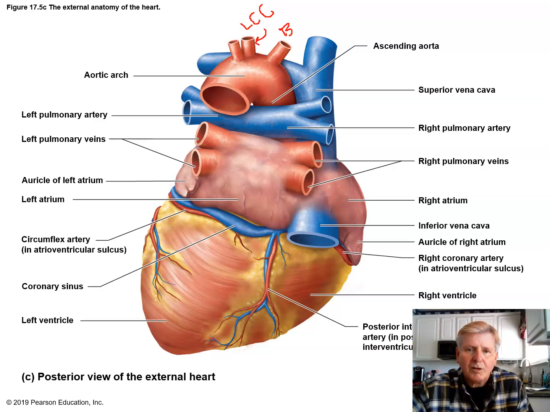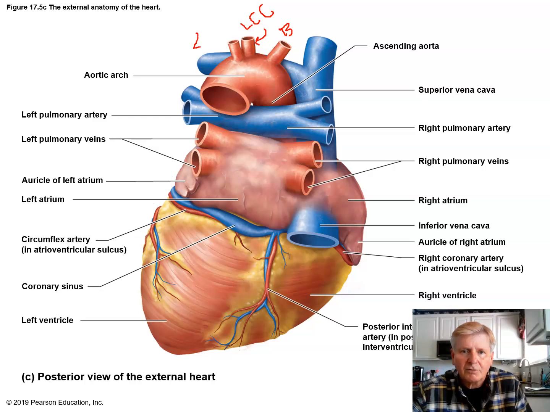And then the third vessel is your left subclavian artery, which takes oxygenated blood to the left shoulder and arm area. That's the left subclavian artery.